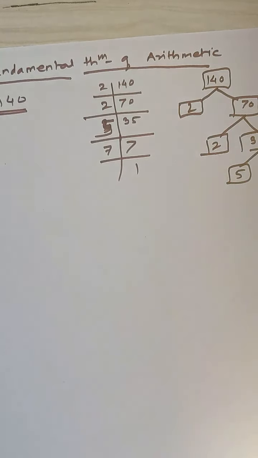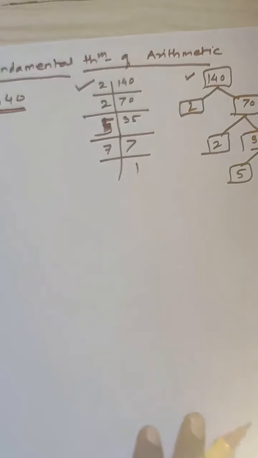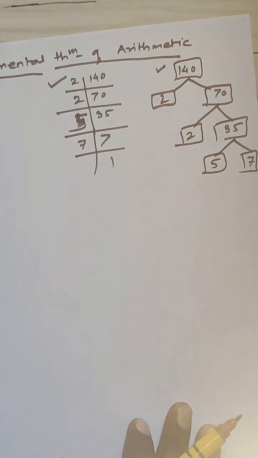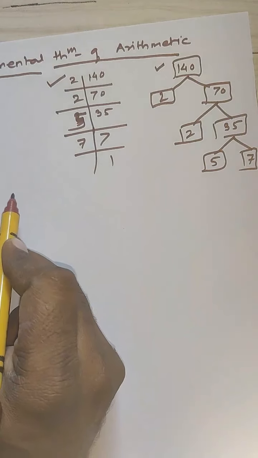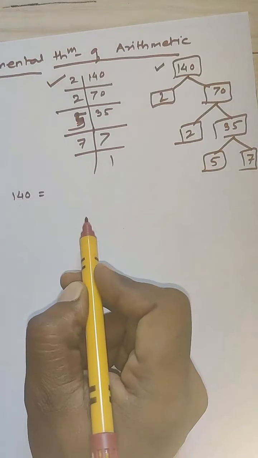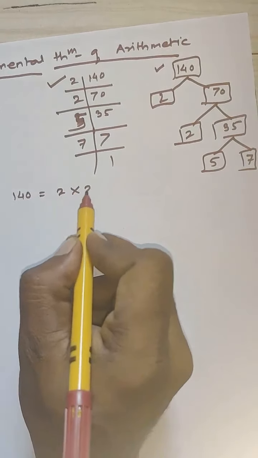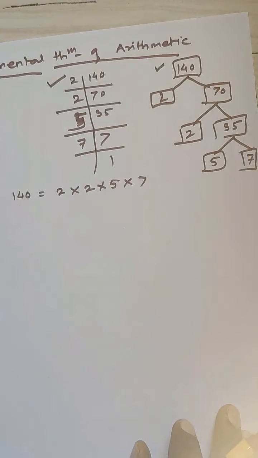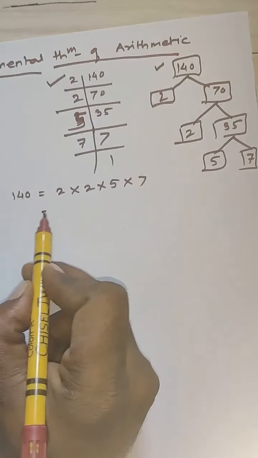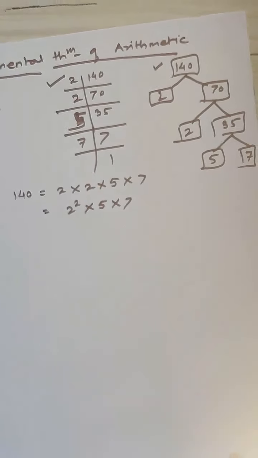So you can find the prime factors by this method or by this method. This you have studied. And these prime factors we can write as 140 is equal to 2 into 2 into 5 into 7. 2 is there 2 times, so this can be written as 2 square into 5 into 7.